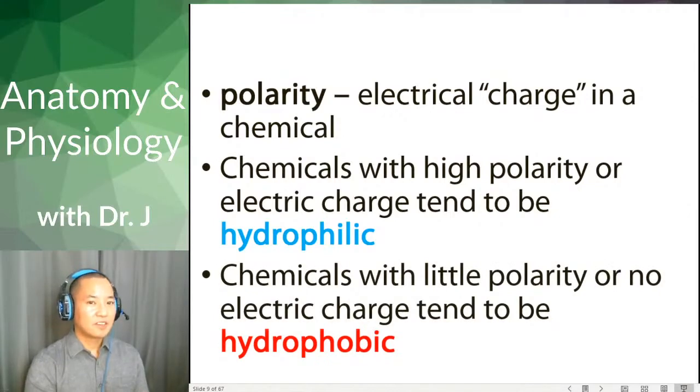Whereas if there's no charge, there's nothing for those partial charges on water to be attracted to. Hydrophobic: if a chemical does not have any sort of positive or negative charge, it tends to be hydrophobic. Why? Because if there's no positive and no negative, there's nothing for those charges to be attracted to. You need some sort of charge for this positive, negative attraction.